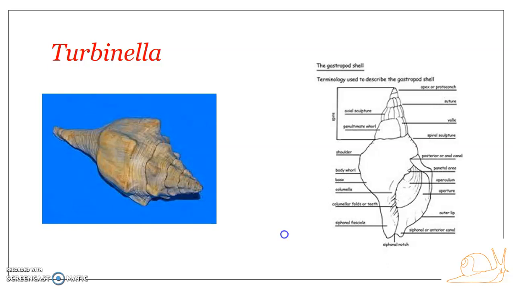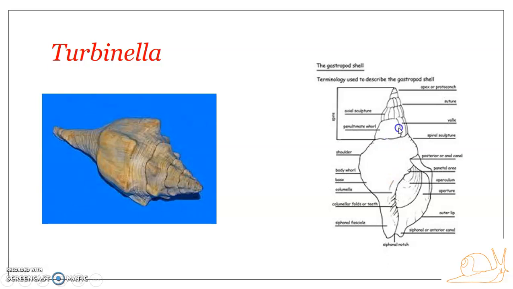Okay, now the shell. If you see the shank shell, it is univalve, just a single shell, and it is thick, massive and spirally coiled. You can see here the spiral coiling. The topmost is known as the apex, and this is the main body whorl where you can find the major part of the visceral mass.